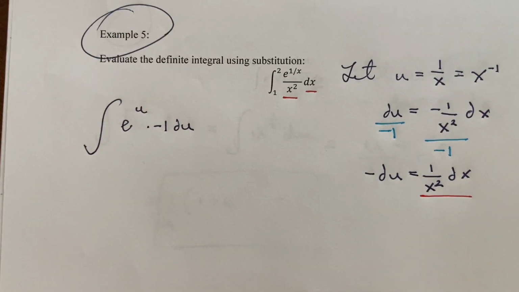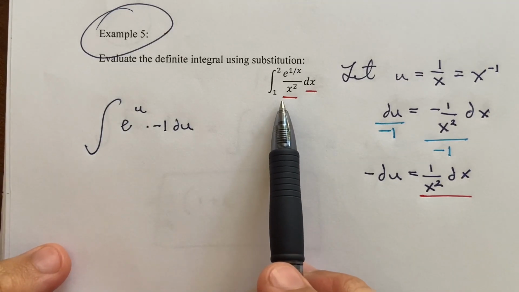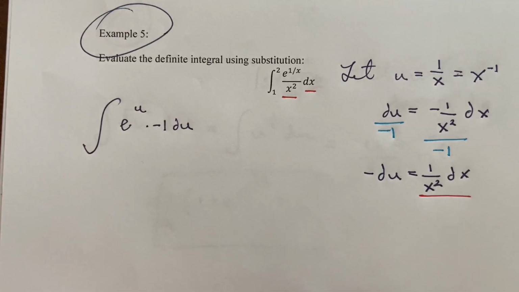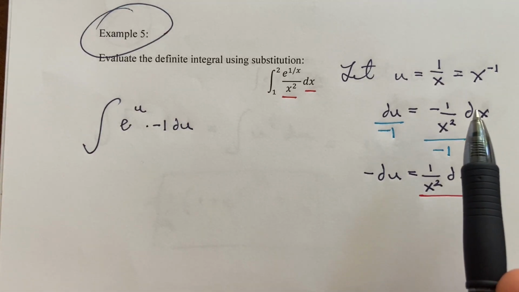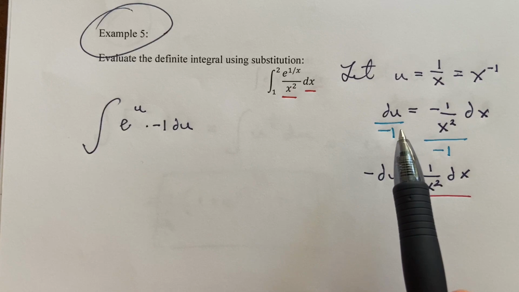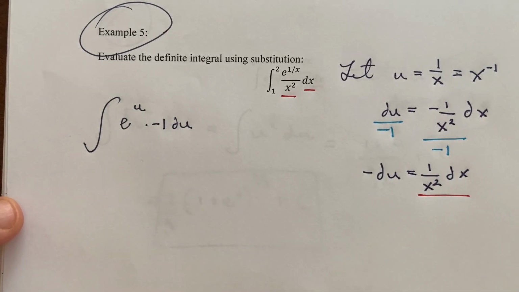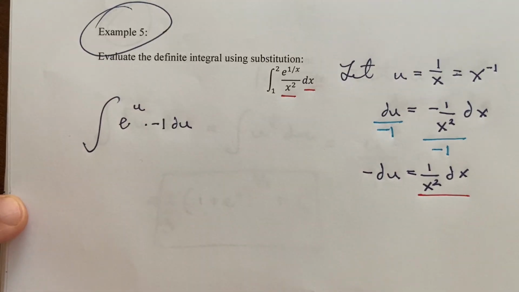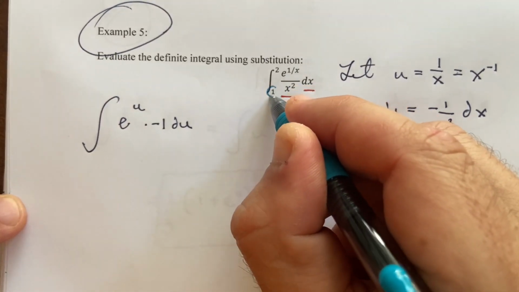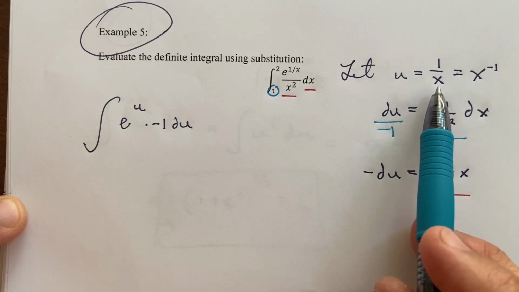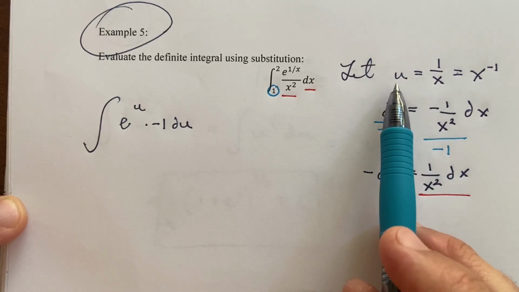If you want to switch your limits, you can, or you could stick with 1 and 2 and just go back to x's and use 1 and 2 at the end. What I'm going to do is make a switch. So what you do to make that switch, just to remind you, is you take the original lower limit and you plug that into your substitution to see what your new lower limit is.